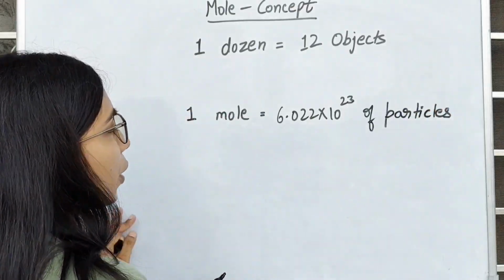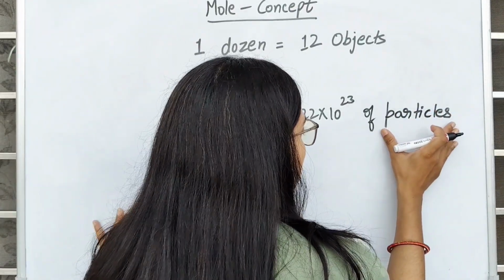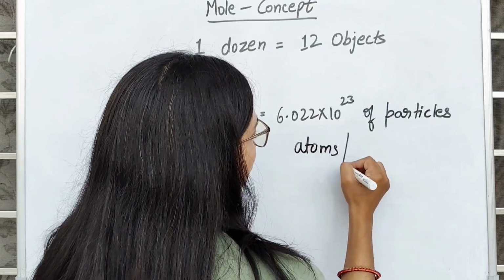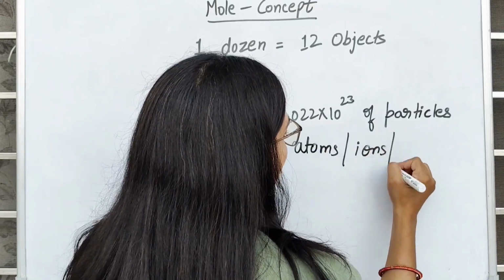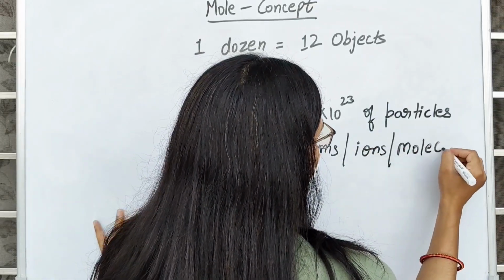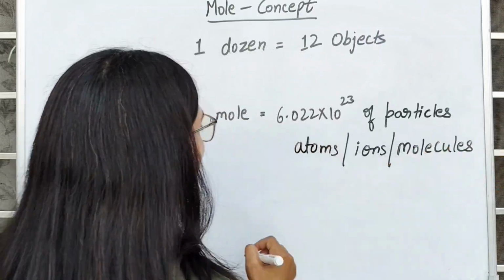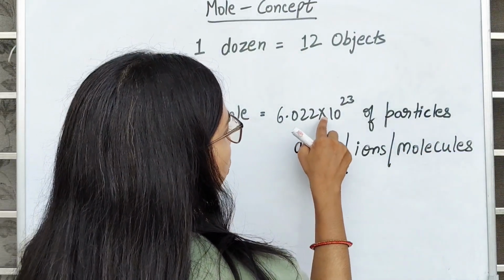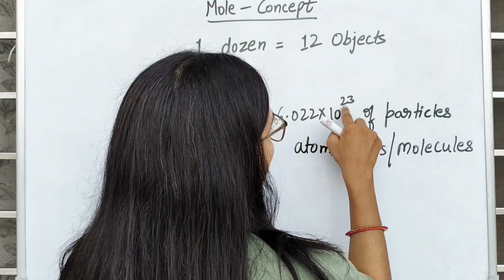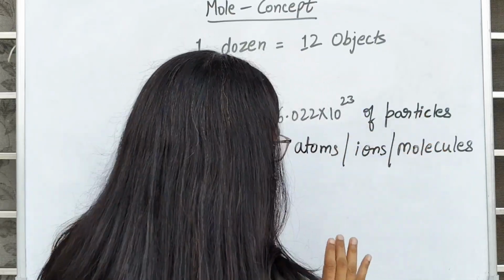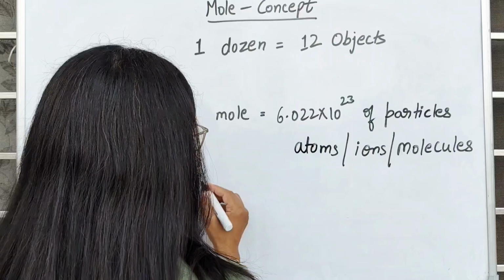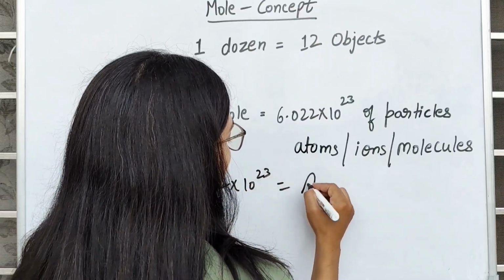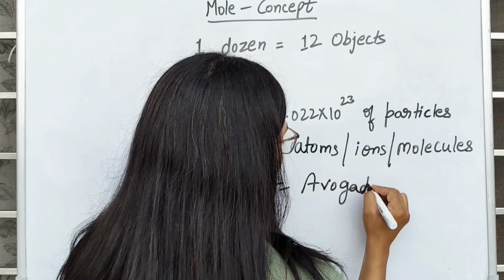Similarly, if we talk about particles, they can be atoms, ions, and molecules. So, 1 mole is equal to 6.022 × 10^23 particles. And this number is called Avogadro's number.